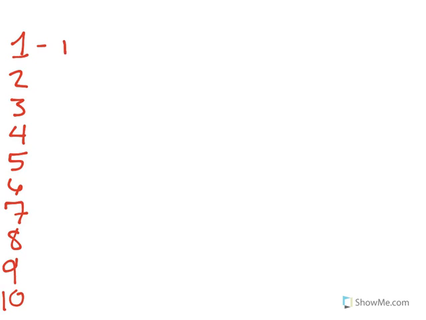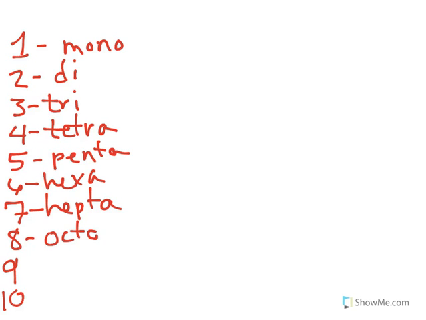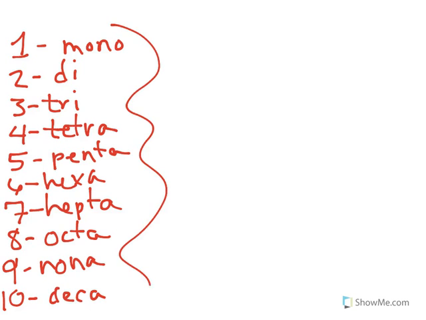Okay? 1 is mono. 2 is di. 3 is tri. 4 is tetra. 5 is penta. 6 is hexa. 7 is hepta. 8 is octa. 9 is nona. 10 is deca. Okay? All these prefixes are on your pink chart. So you don't have to memorize them. You do have them. Okay? But that's how this works.